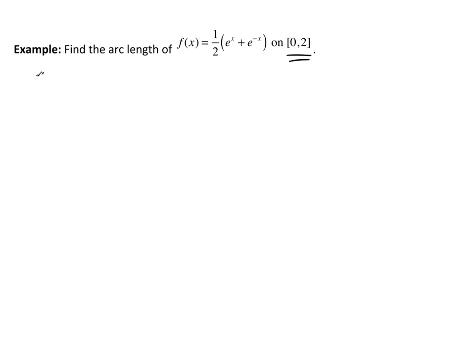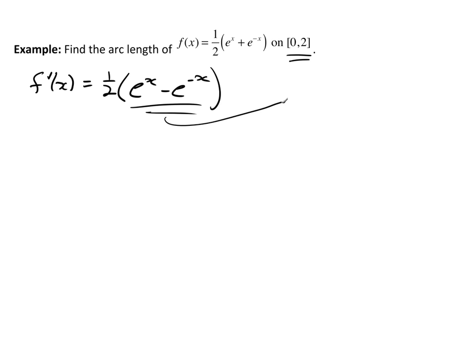First of all, let's find f prime of x, because one of the things we need to do is make sure that the first derivative is continuous on 0 to 2. Well, f prime of x will equal 1/2 times (e to the x minus e to the negative x). Well, that is continuous on 0 to 2, because at 0, let's look at this real quick.